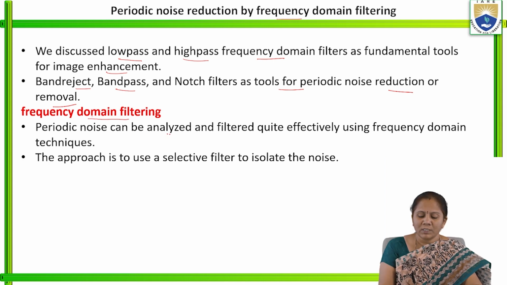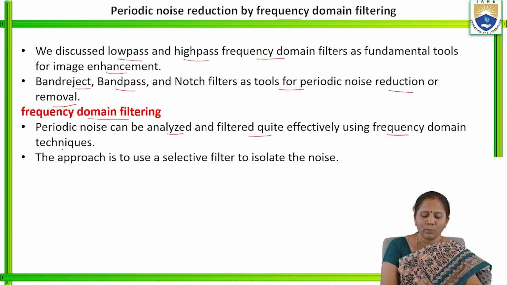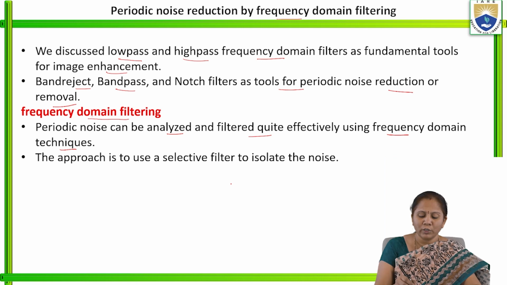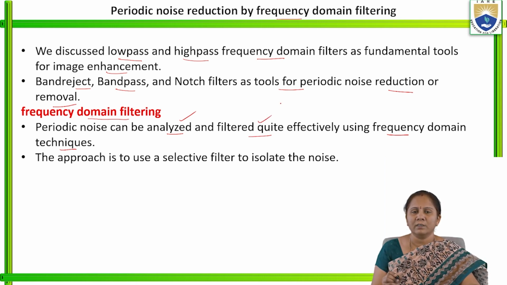Periodic noise can be analyzed and filtered quite effectively by using frequency domain techniques. In order to filter a particular type of noise, first we should know what type of noise is present in the image. Only then can the particular filter be applied to remove that type of noise.